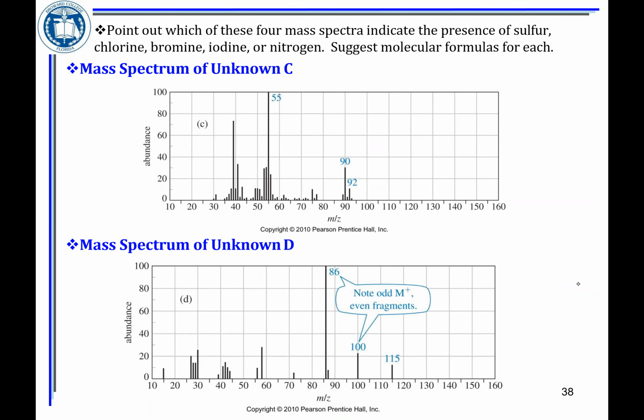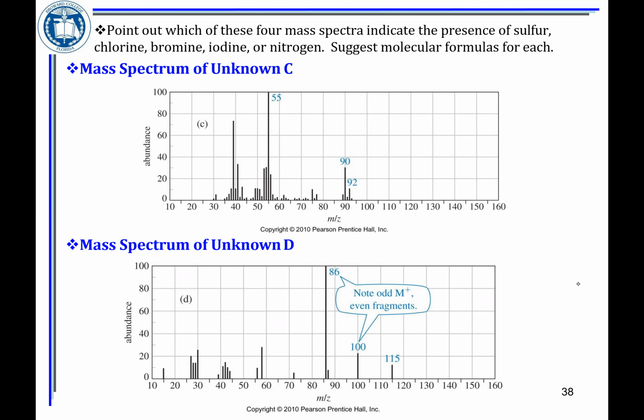Compound C, chlorine, bromine, or iodine? How would you find out?